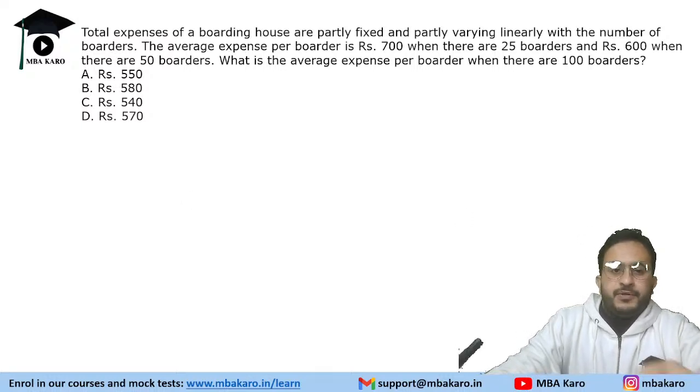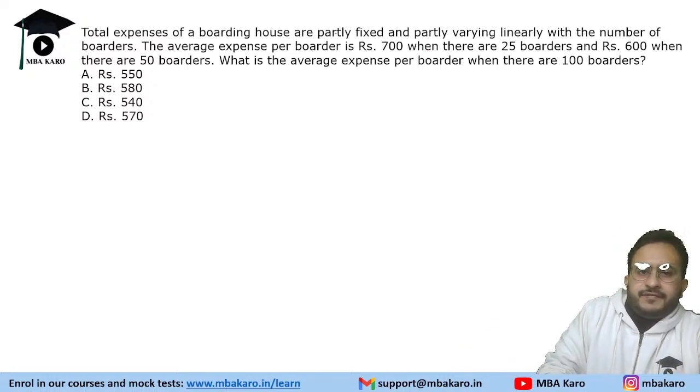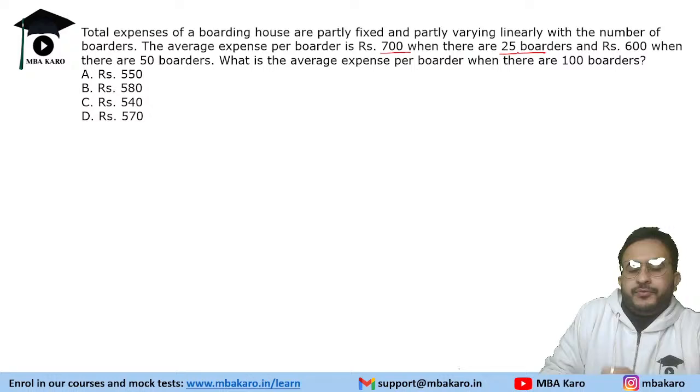So let's see this problem. There are average expenses 700 when there are 25 boarders.